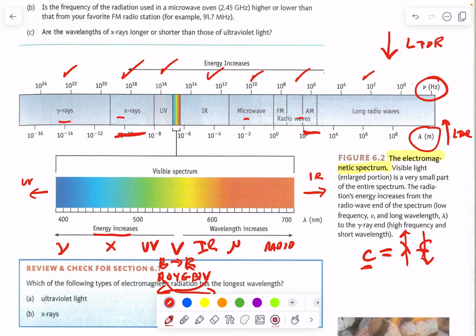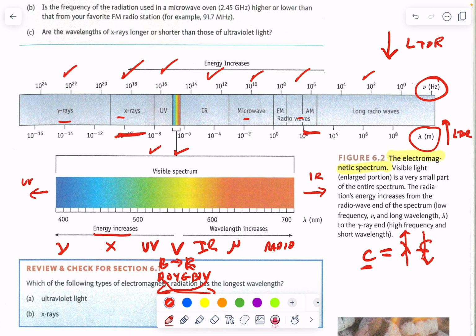Another thing that you should recognize when we were talking about being able to predict or state in order the different parts of the electromagnetic spectrum is that as we go from the visible spectrum right here, the energy increases because ultraviolet can burn your skin or cause skin cancer.